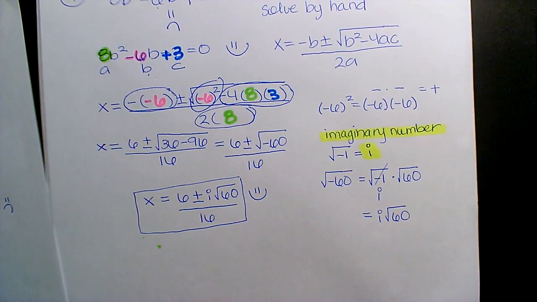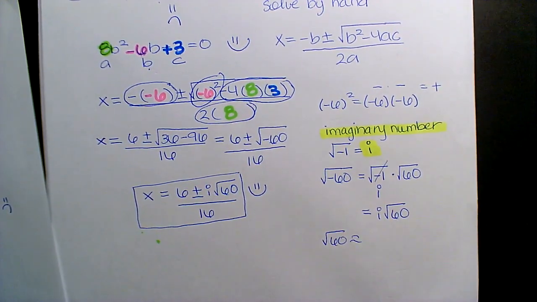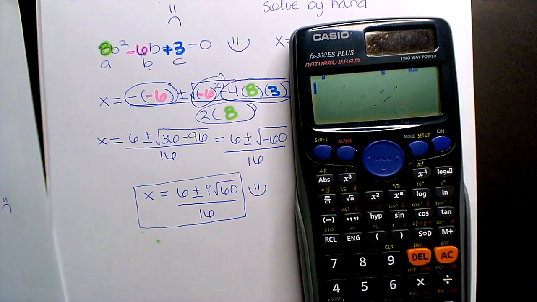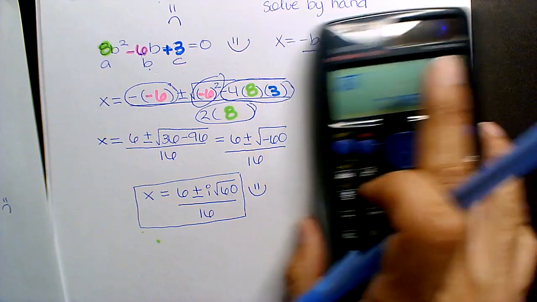However, if you wanted to continue forward, if you wanted to put rad 60 in the calculator and say, well, let's go to a decimal. Rad 60 is 7.7.